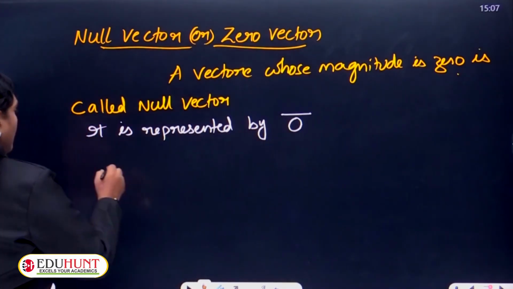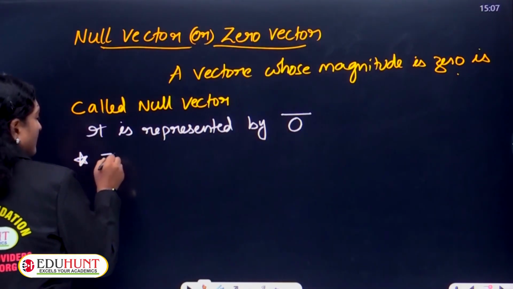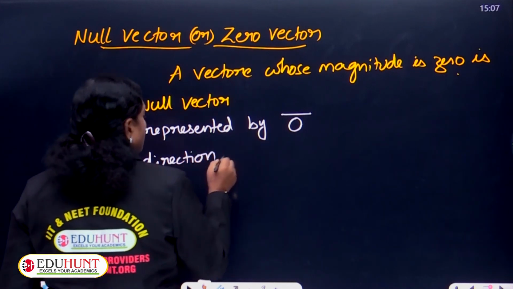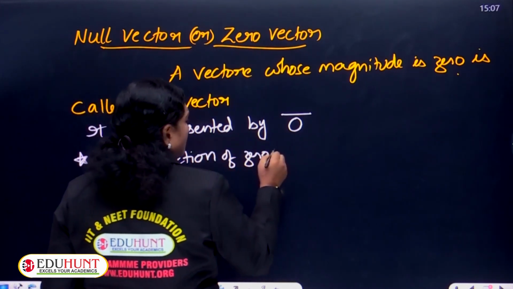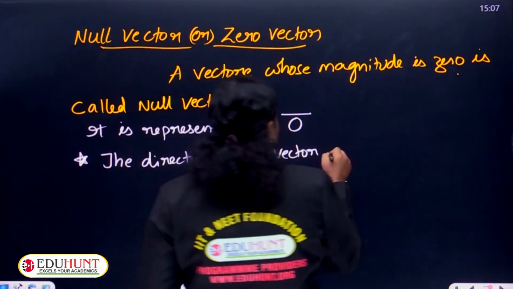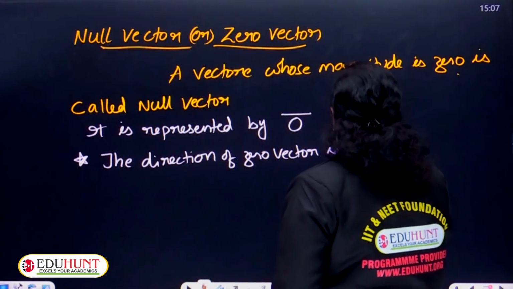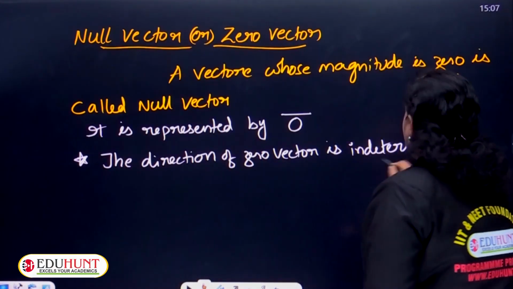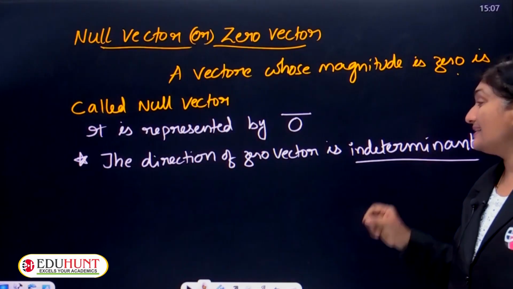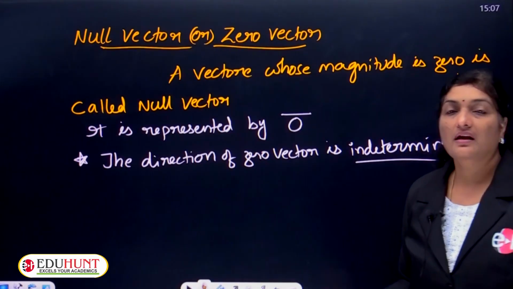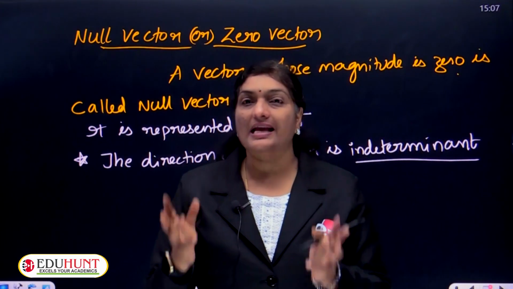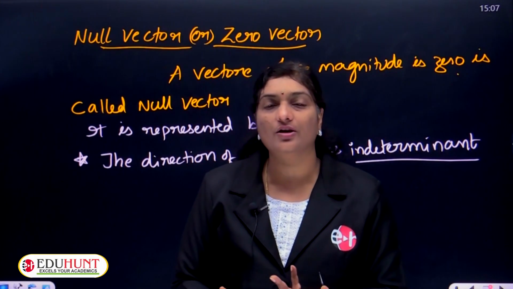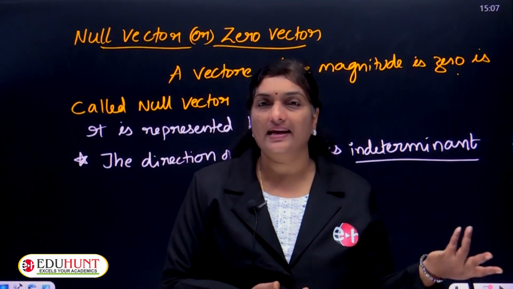And remember, children, the direction of a zero vector is indeterminate. What does it mean? We can't describe it. It has no magnitude, so when it has no magnitude, how can you say its direction?